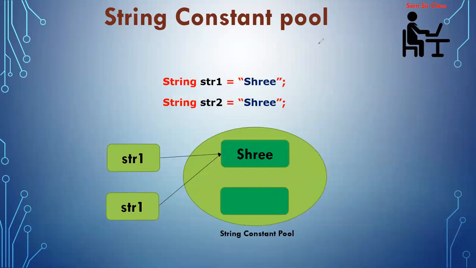So basically through this video we have discussed where to use the double equals operator, where to use the equals method, and if you are using string literals, what is the use of the string constant pool, and where to use and where not to use double equals. If you are comparing the string contents, you have to use the equals method. If you are comparing the reference numbers or the object reference, then you have to use double equals.